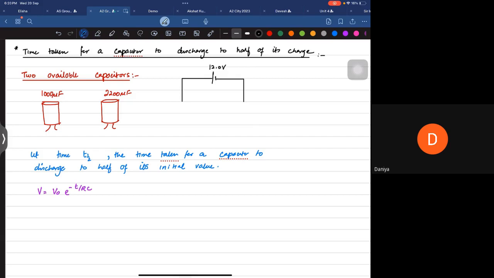This was 12 volts. This was the capacitor that we put. This is the resistance R, and the value of this resistance is given as 1.5 kilo ohms. All right, we can either put capacitor A or capacitor B in that space. Okay.